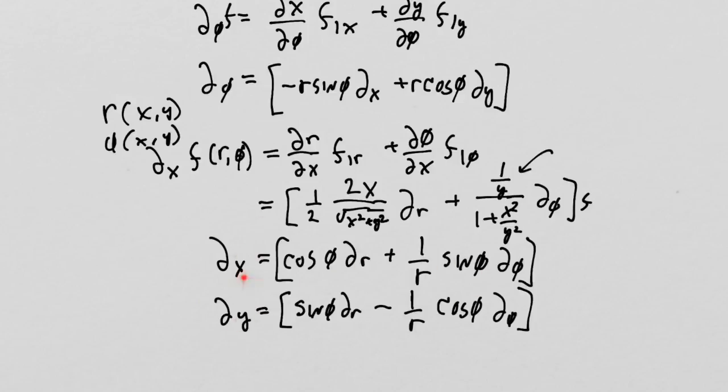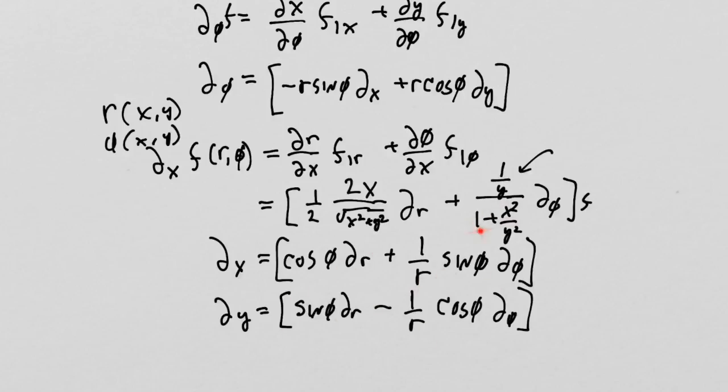Right now we're imagining ourselves in the prime system, so everything over here needs to be part of the prime system, and this has to be the unprime system. In other words, you don't want any x's and y's on this side. You want it all in terms of phi and r.